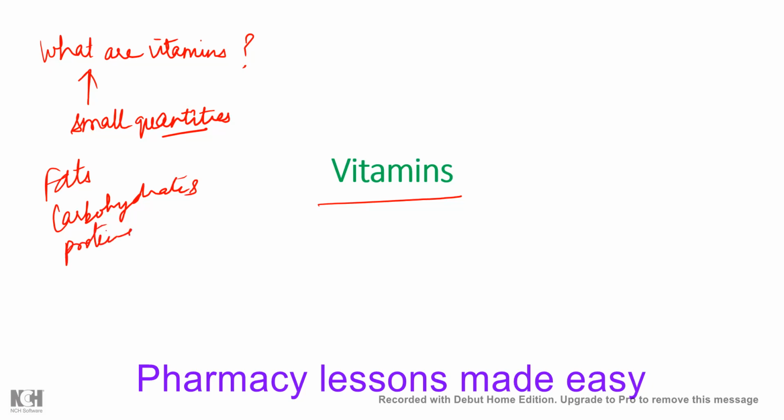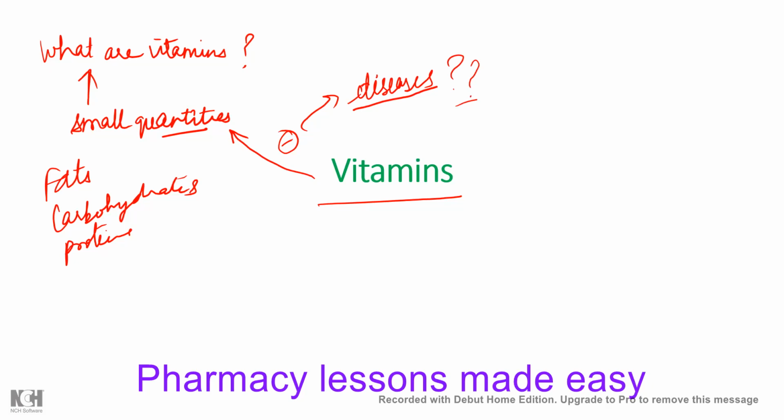Okay, so vitamins are required in minute quantities in the diet, and if they are absent then they may lead to deficiency and ultimately some diseases. We shall be discussing which disease is caused by the deficiency of which vitamin, so we'll cover that aspect also.